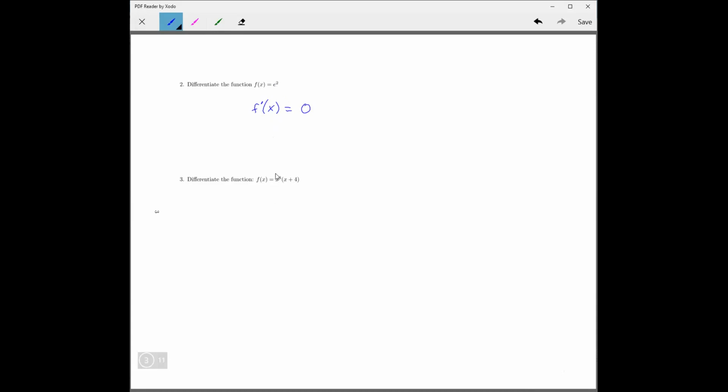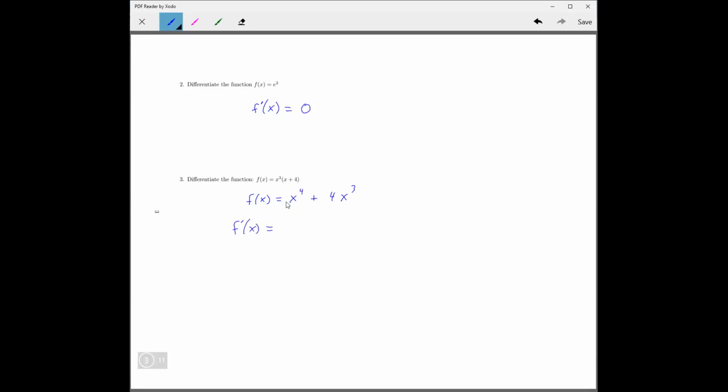Okay, this one right here, differentiate this function. If it's in this form where it's factored out, then the easiest thing is to distribute this x cubed first. So it's x to the 4th plus 4x to the 3rd. Okay, so I'm distributing x cubed into there, and then take the derivative.